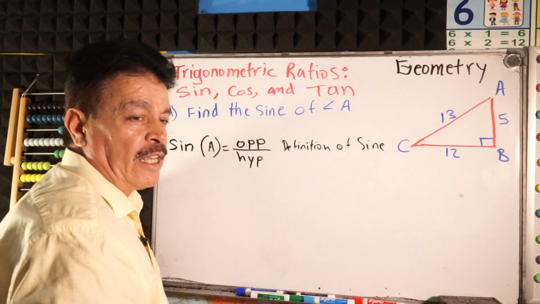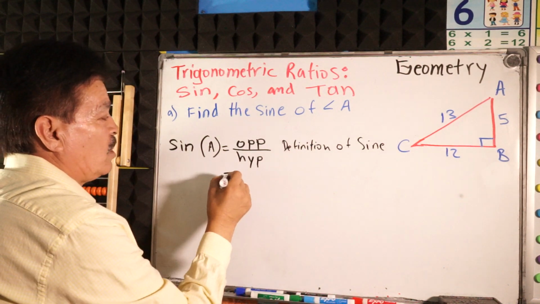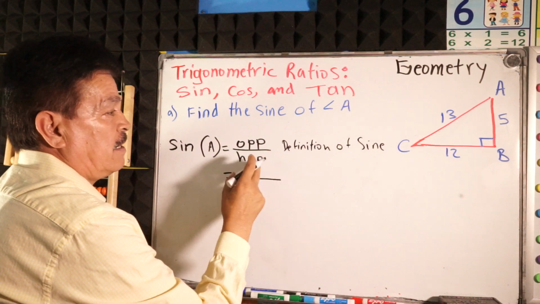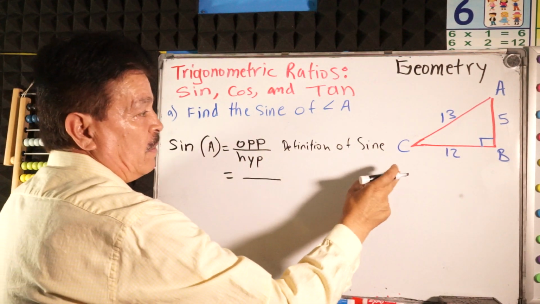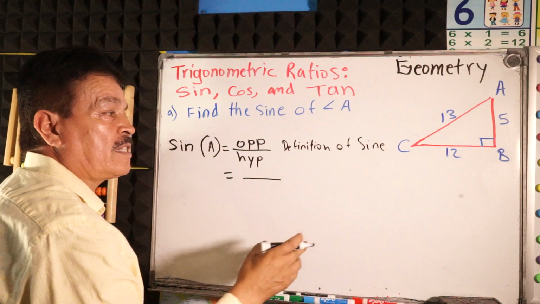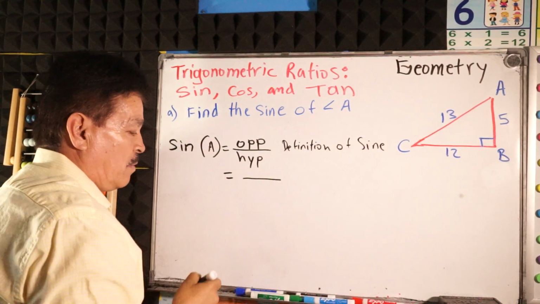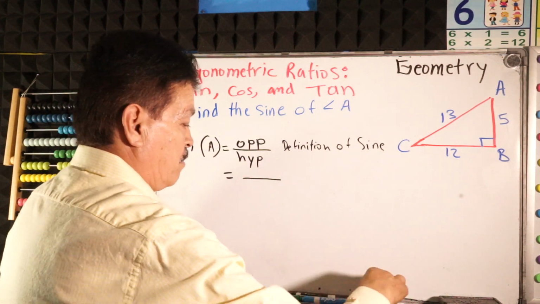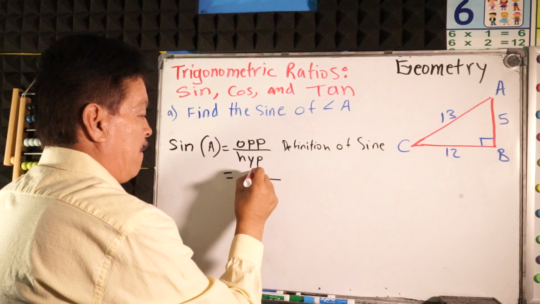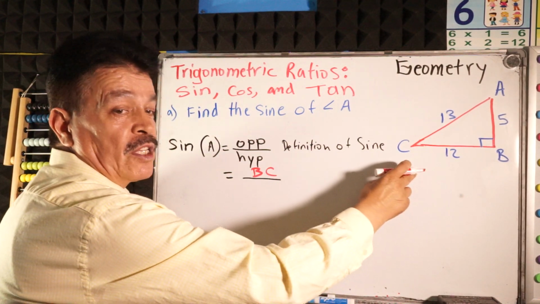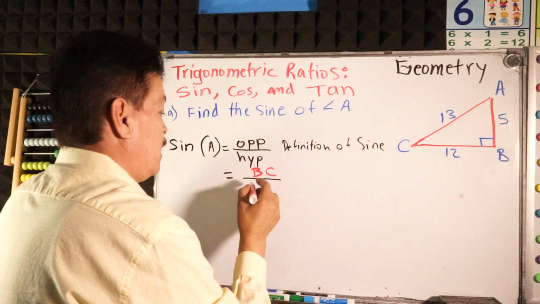The next step, write the letters. Where is the opposite side? The opposite side in this example is BC. We write BC divided by the hypotenuse. The hypotenuse is AC.